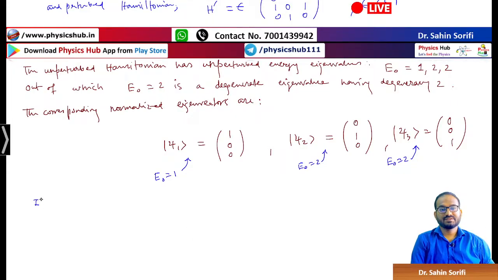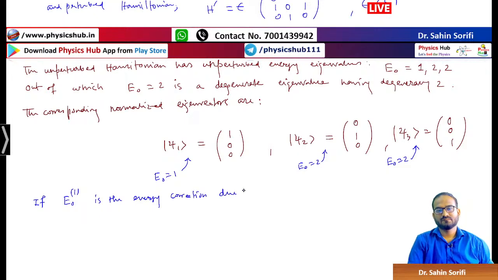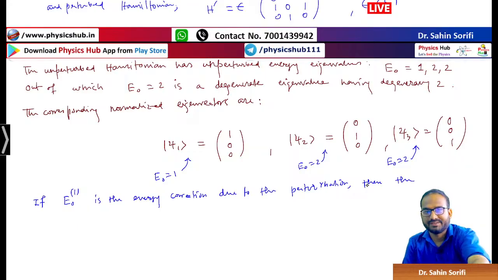So if we consider, let's say, E0 1, this is the energy correction due to the perturbation. Then what can you write?